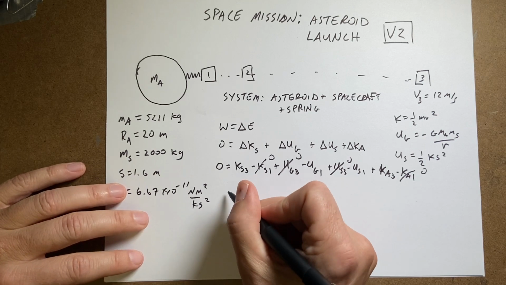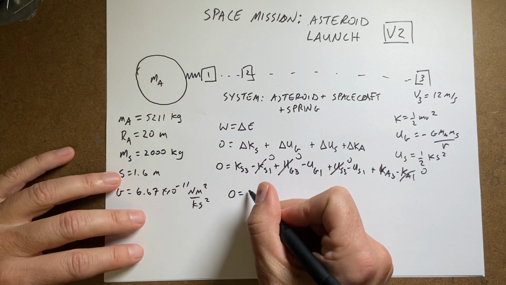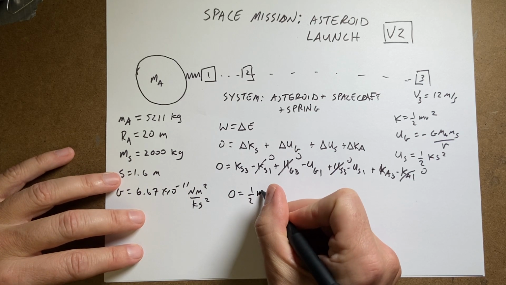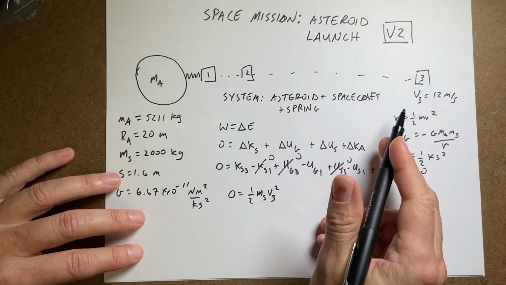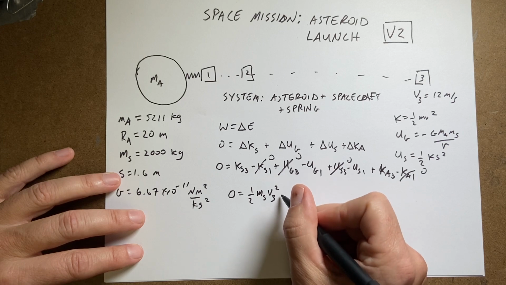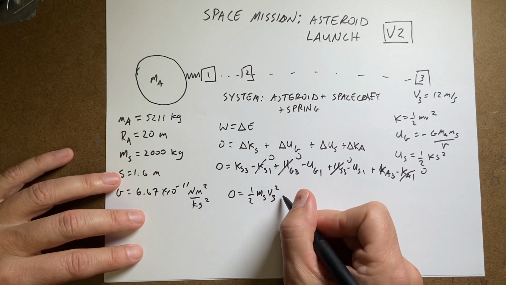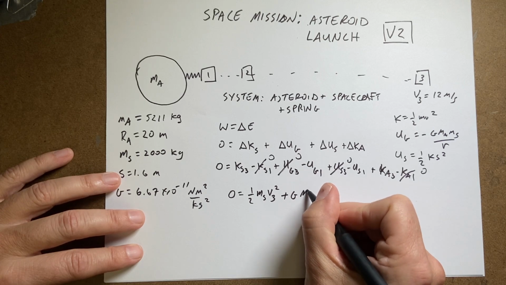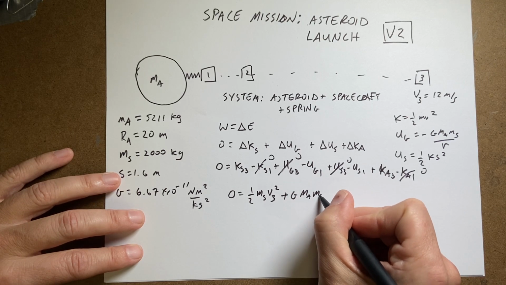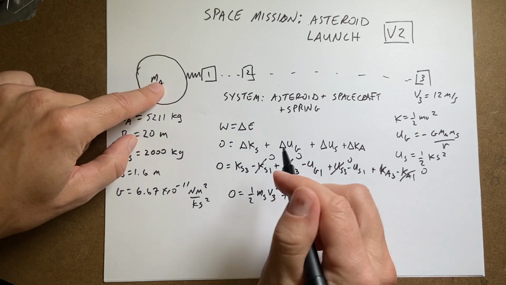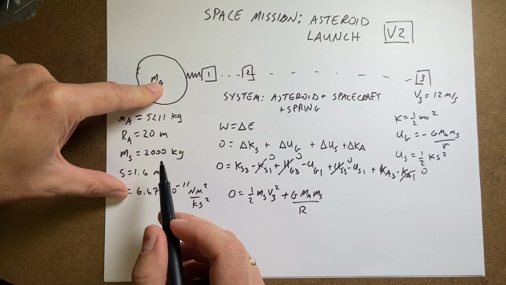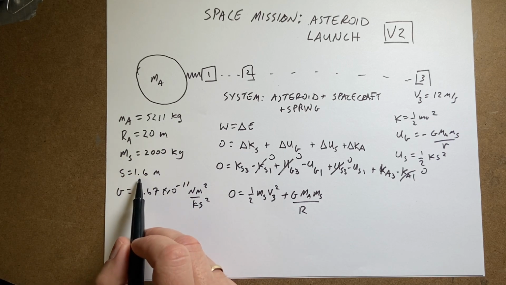So now let's write this out. I have 0 equals 1/2 m_s v3 squared. I'm going to just call that v3. I'm going to do something weird. Minus this, which is negative, so it's going to be plus G mass of the asteroid, mass of the spacecraft, over r, right? That's the initial position, their r distance away. I guess I should add in that 1.6.